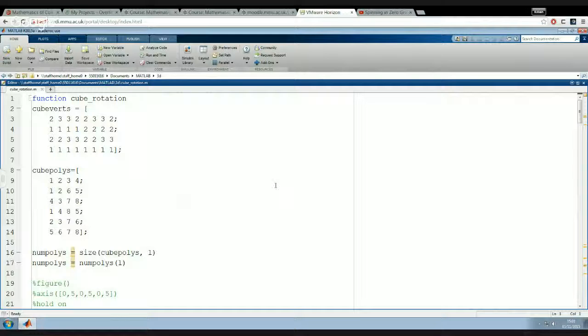And this axis is going to go from 1 to 7. I want to rotate this cube around the axis that goes from vertex 1 through vertex 7. Those are opposite vertices. Vertex 1 is at the bottom left corner, and vertex 7 is at the top right corner in the top face.